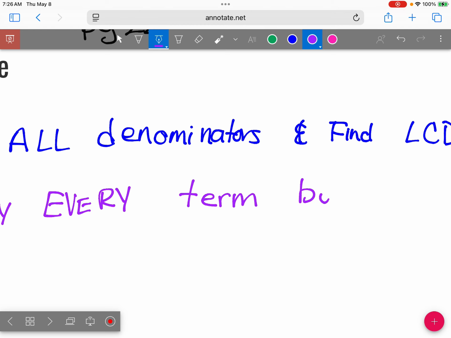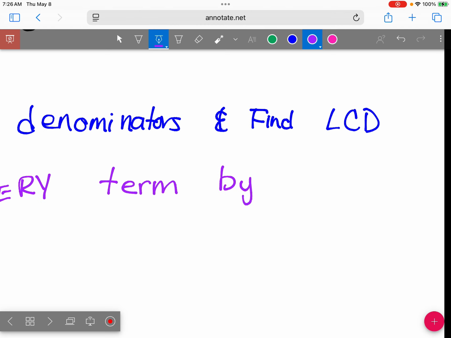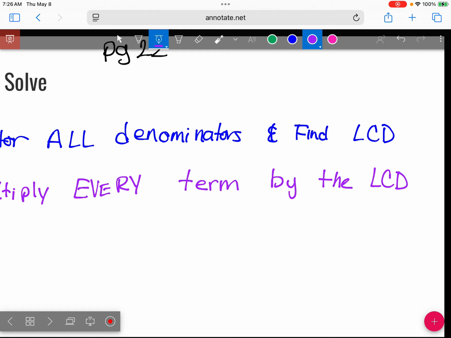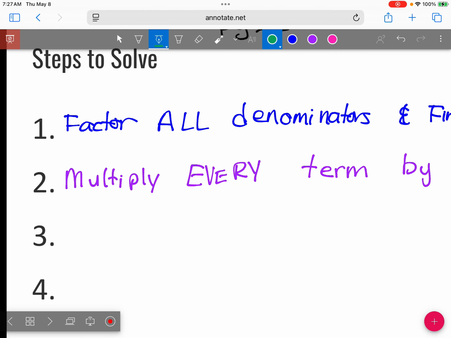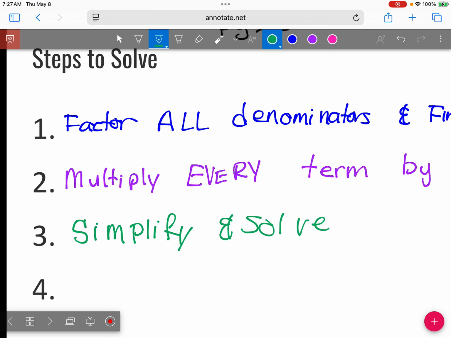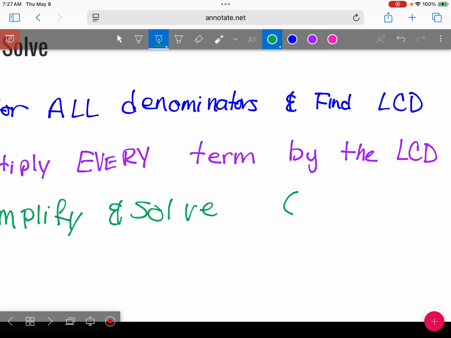Multiply every term by that least common denominator. Then we're going to need to simplify and solve, meaning we want to get to an x equals. That's the goal.